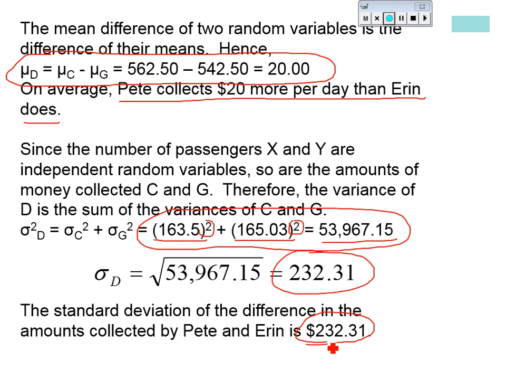So we can expect on average that the difference in the amount of money that they collect will differ from the mean by about $232.31 per day.